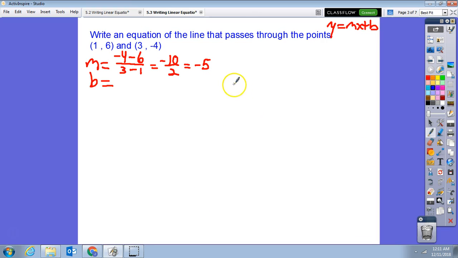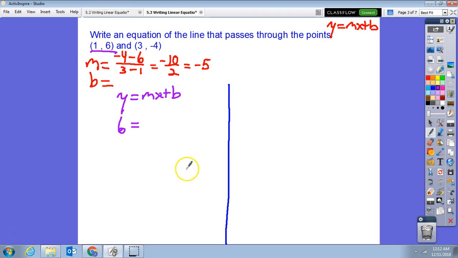So I don't care which one you choose. I'm going to show you that both points give you the same answer. For the sake of space on the page here, I'm going to use y equals mx plus b because I figure that's probably the one that most of you are using. And I'm going to plug in my y value from (1, 6), this point first.